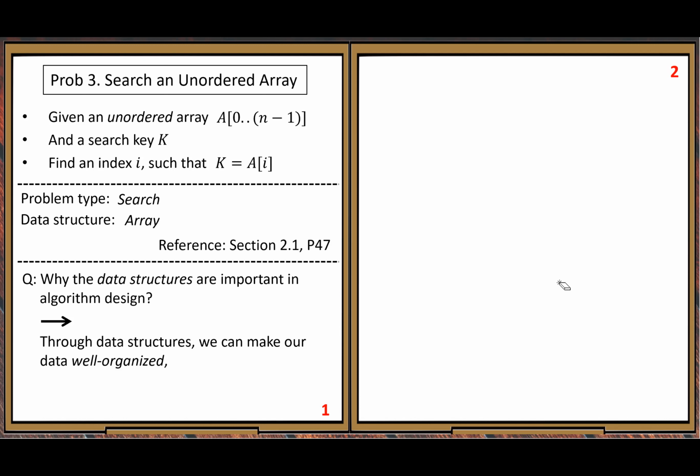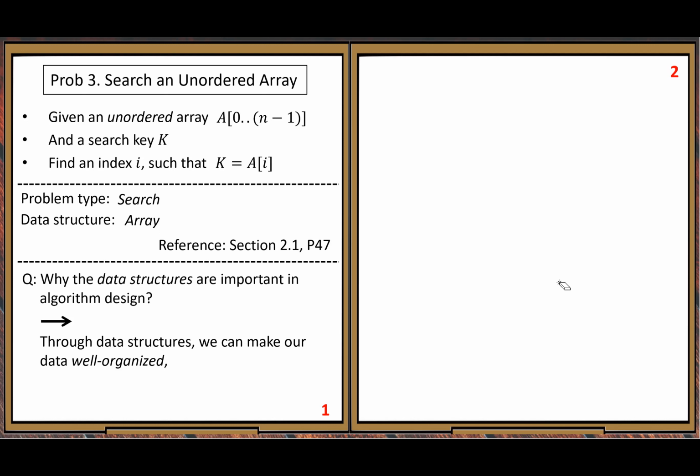That's a simple way to organize data. Later, we will have many different ways to organize our data. So here, I just pointed it out at a high level. Organizing the data in the preparation step could be very useful.